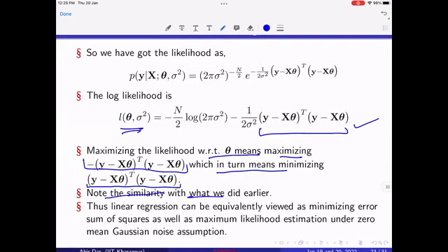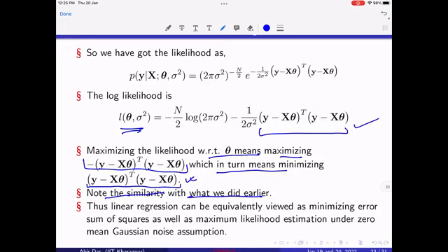Note the similarity with what we did earlier. What did we do for the other derivation? We minimized this, right? The squared loss, the mean of the square of the error, that is the loss.